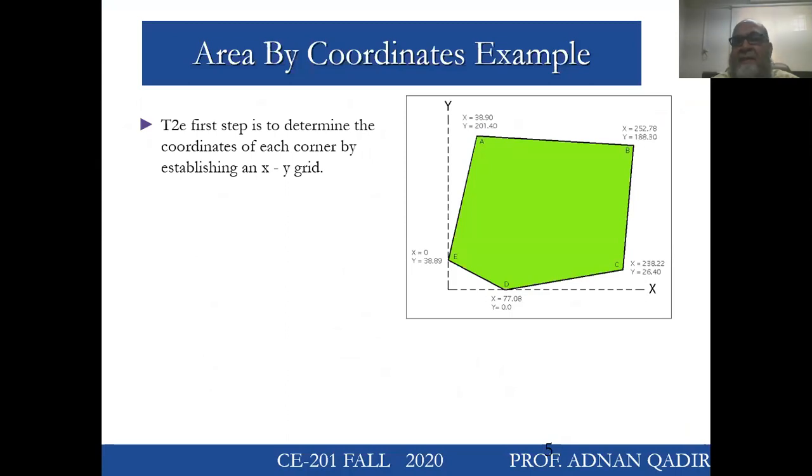Let's take this example traverse that has been surveyed, and you have the coordinates x and y. If you want to know the area of a closed traverse, you can use this area by coordinates.